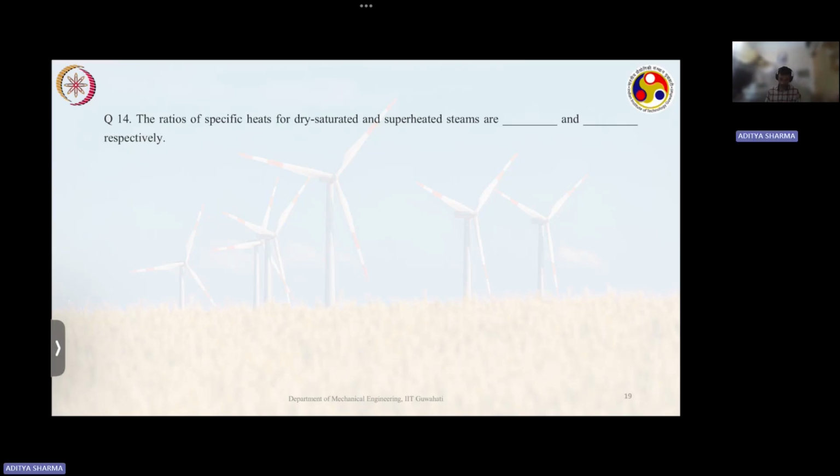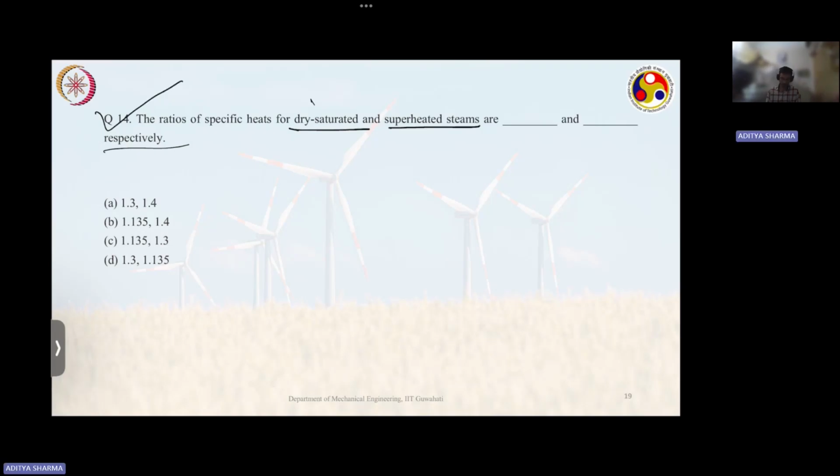Then is your question number 14. That is, I believe, the last question of the session. So this says that the ratios of specific heats for dry saturated and superheated steams are dash and dash respectively.